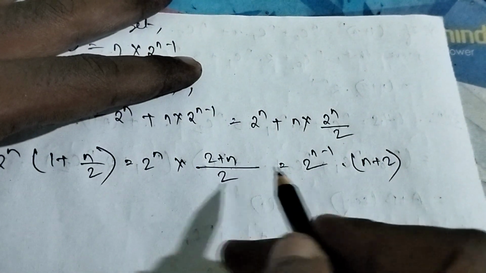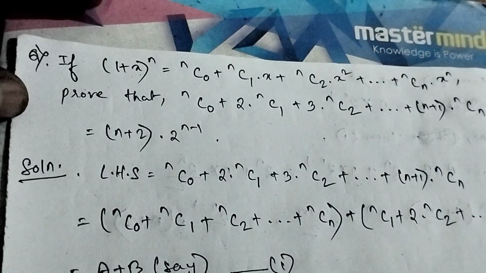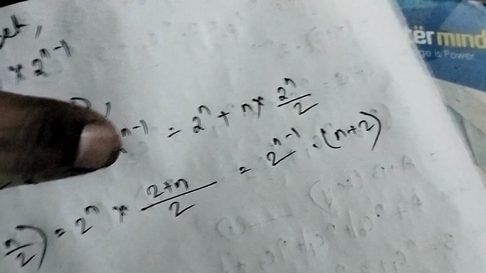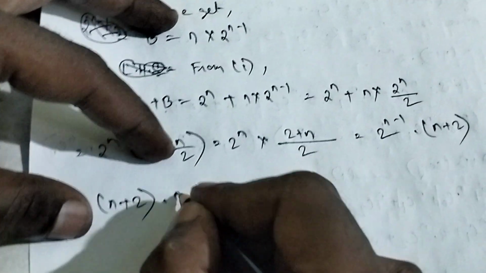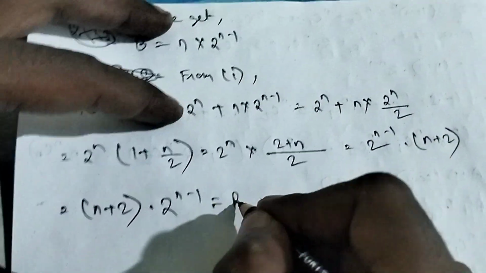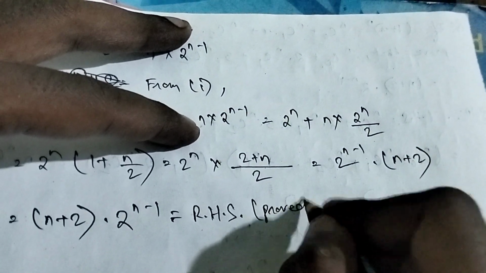Okay, so what has been asked us to prove? n plus 2 into 2 to the power n minus 1. So this can be written as n plus 2 into 2 to the power n minus 1 is equal to RHS. Proved.